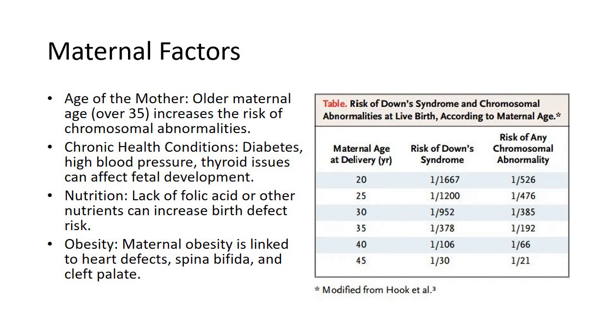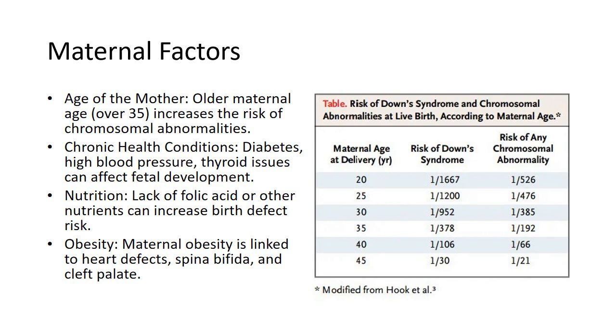Obesity: maternal obesity is associated with an increased risk of birth defects, including heart defects, cleft palate, and spina bifida. Preconception health: the health of the mother before conception plays a significant role in the development of birth defects. A woman with good preconception health, including balanced nutrition, a healthy weight, and appropriate medical care, is less likely to have a baby with birth defects.